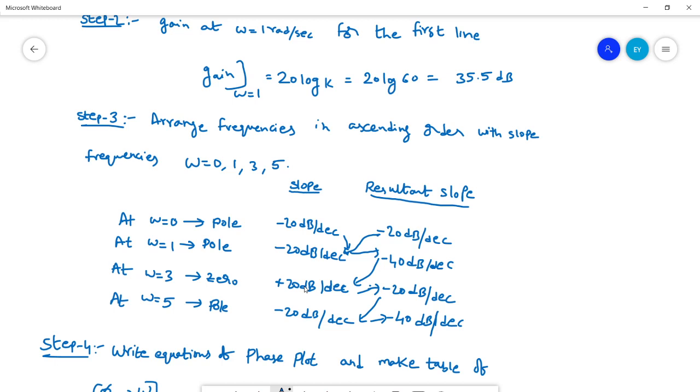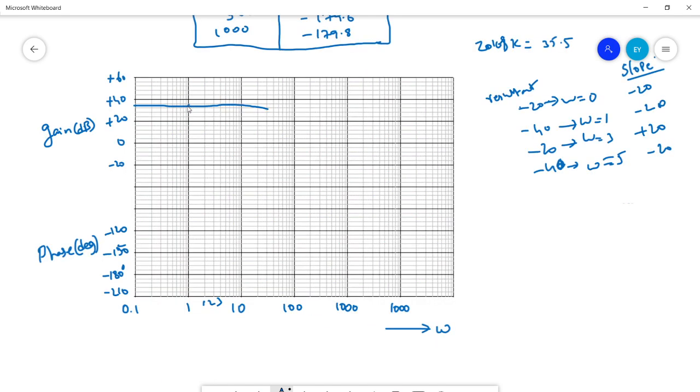Fine. So now what we need to do is consider the pole at the lower frequency, that is omega equal to 0. It is contributing minus 20 dB per decade. So we'll just represent that minus 20 dB per decade at 0. Here what we have is 35.5.